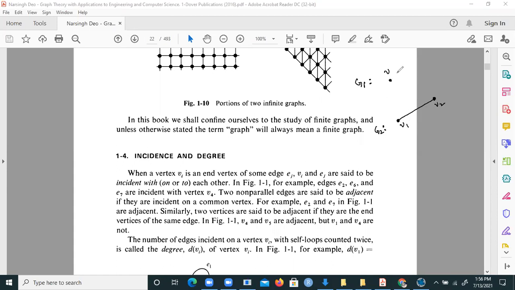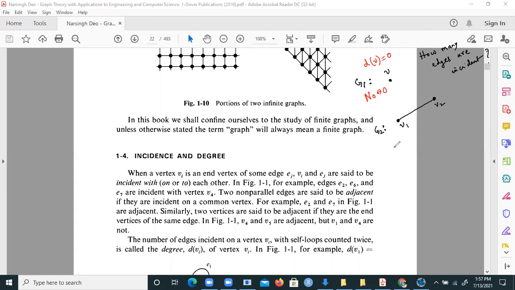Now, if I ask you how many edges are incident on V in figure 1, that means on the vertex V, your answer is 0. No edge is incident upon this vertex, and therefore the degree of this vertex is equal to 0.